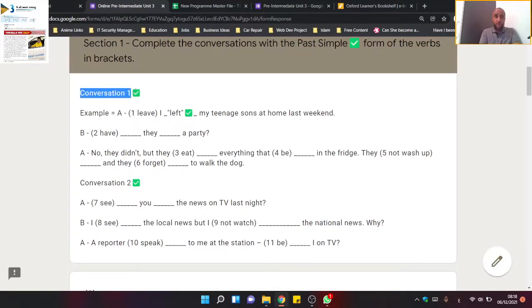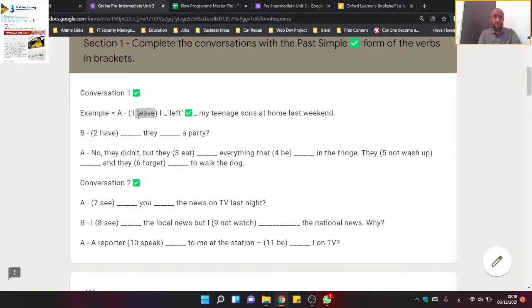Here we have two conversations, conversation 1 and conversation 2. In conversation 1, person A, we already have an example answer. Every single sentence, by the way, will have the basic verb. You have to decide and choose if the verb should be something else.